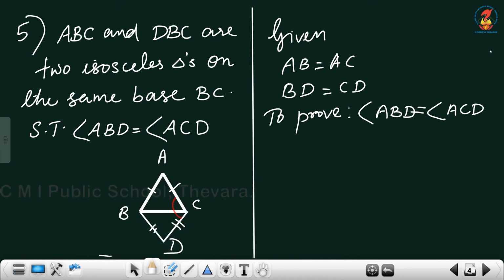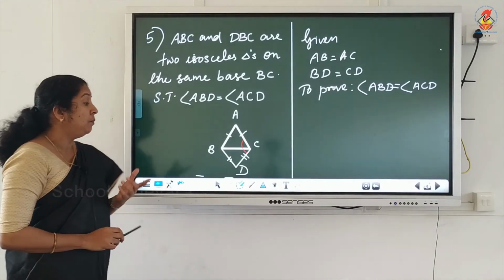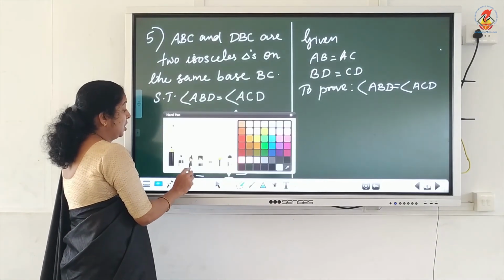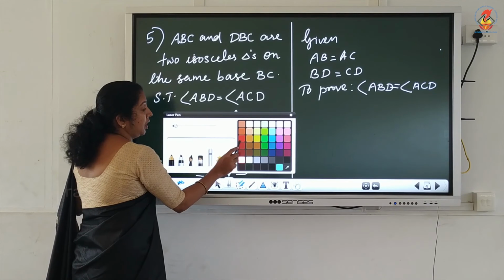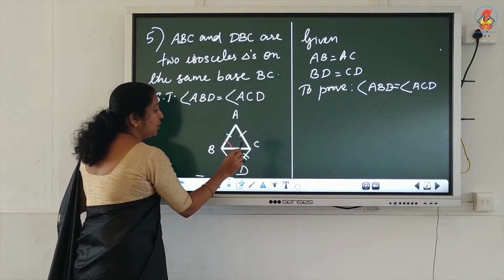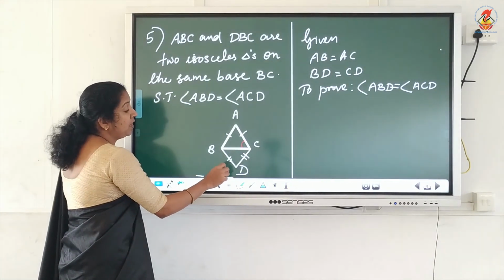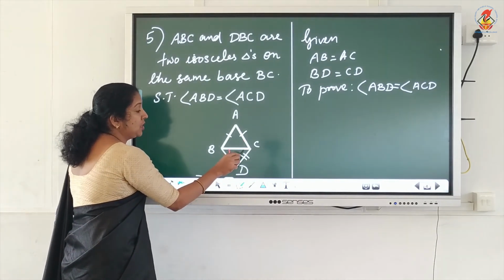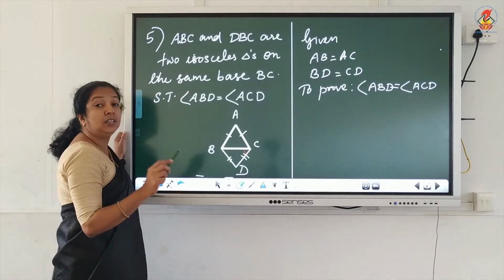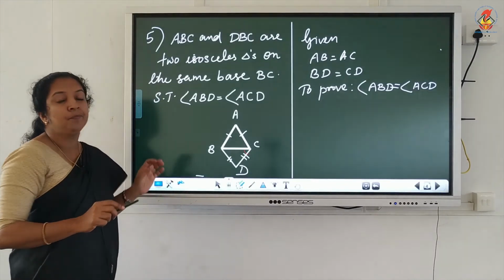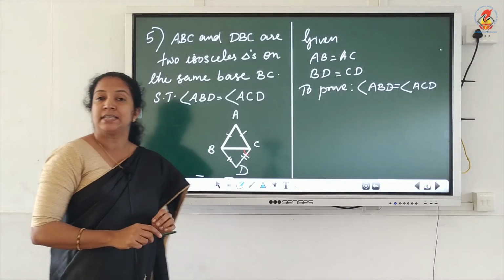So, what is given? AB is equal to AC. If AB is equal to AC, what can you say about these two angles? These two angles are equal. If BD is equal to CD, what can you say about these two angles? They are also equal, using angles opposite to equal sides are equal.